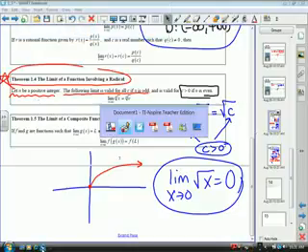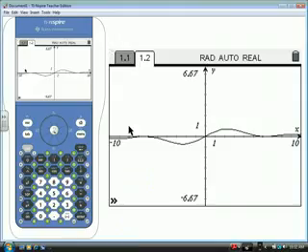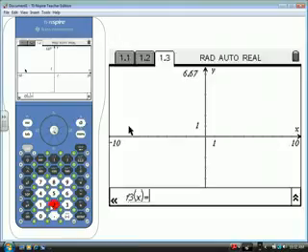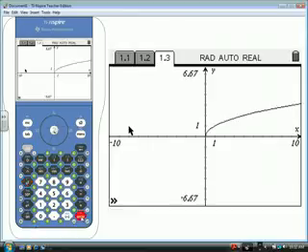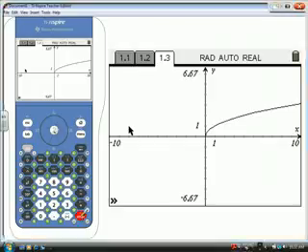So let's pull this up. I'm going to do home number 2, square root of x, enter, and you get that right there. No, I'm just saying that there is a dot right there. Why isn't the limit as x approaches 0, why can't I just plug 0 in and say that?